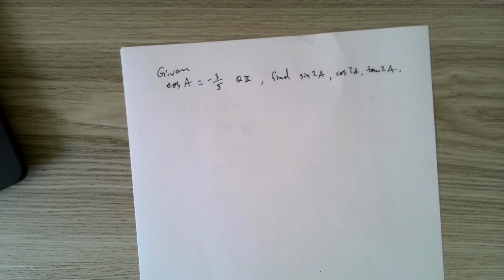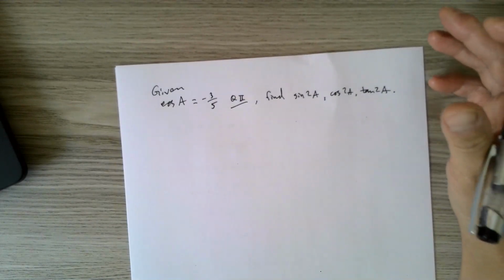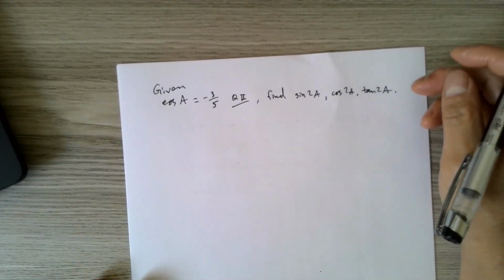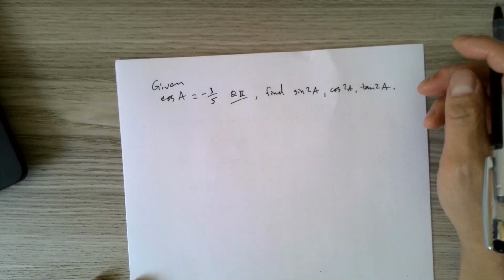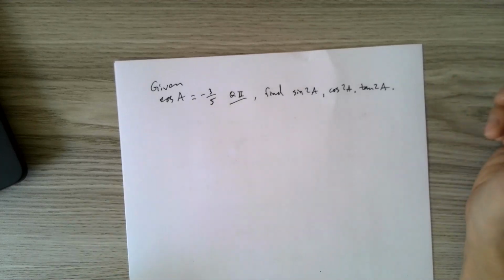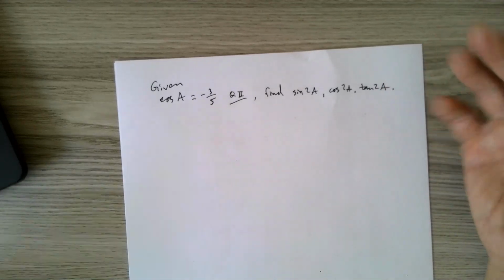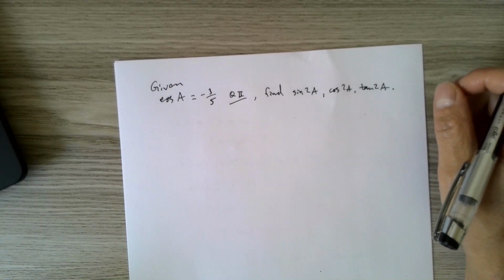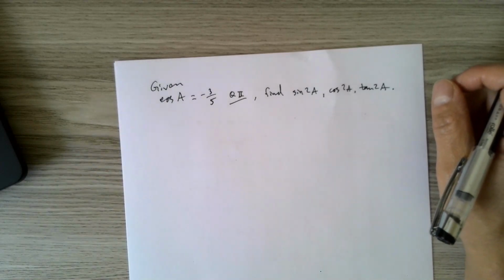Okay, so I'm given that there's an angle A whose cosine is -3/5 and is located in quadrant 2. And quadrant 2 is important because it could be in quadrant 3, and if it's in quadrant 3, then the sine would be different, and the tangent would be different as well.